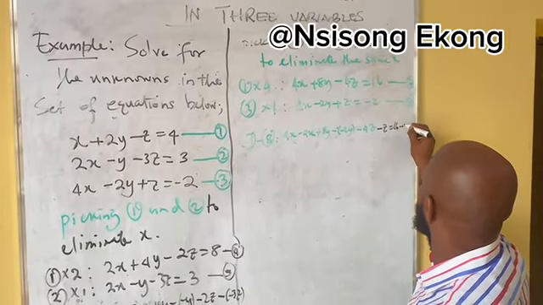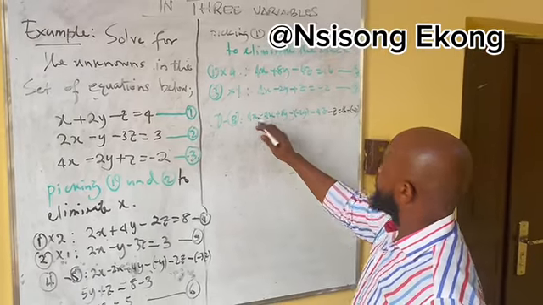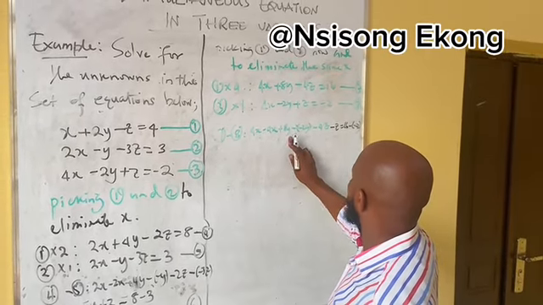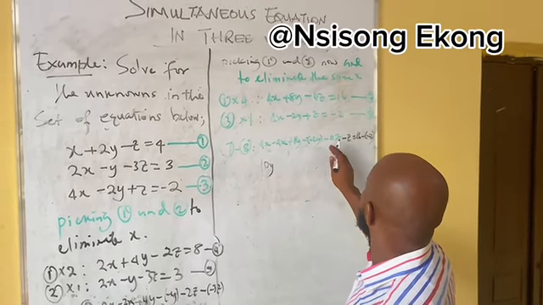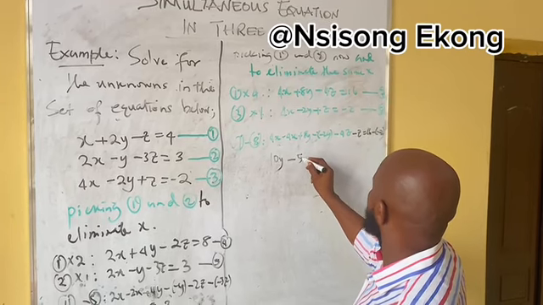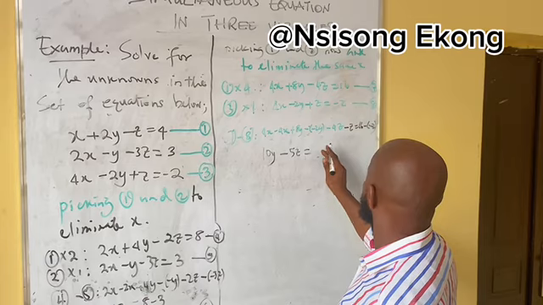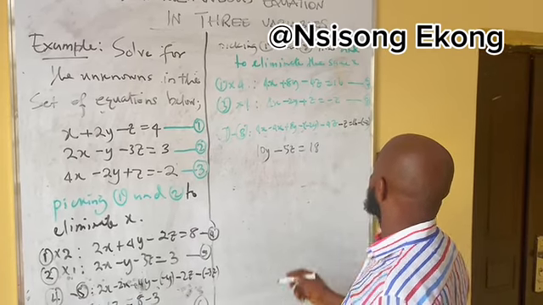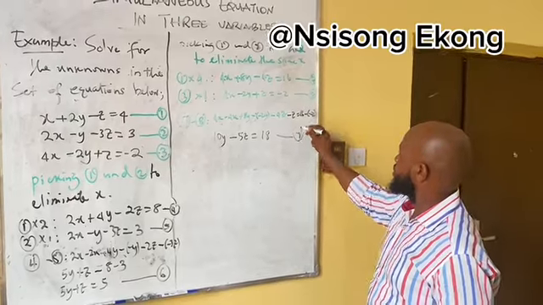So this will turn to 0. 8y minus 2y is 10y. Minus 4z minus z is minus 5z, which is equal to 16 minus 2, which is 18. So we call this equation 9.